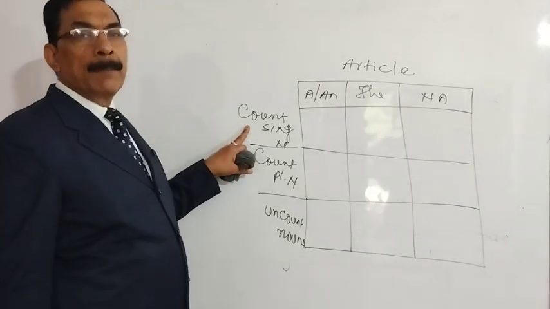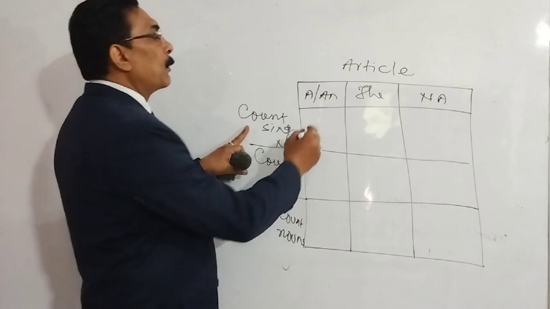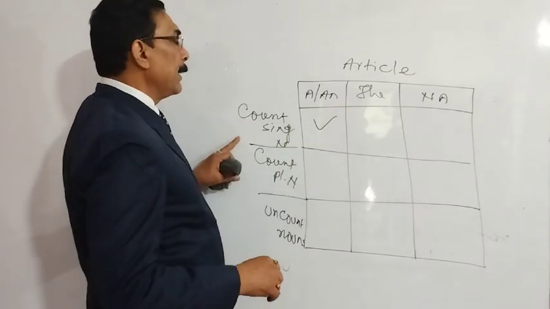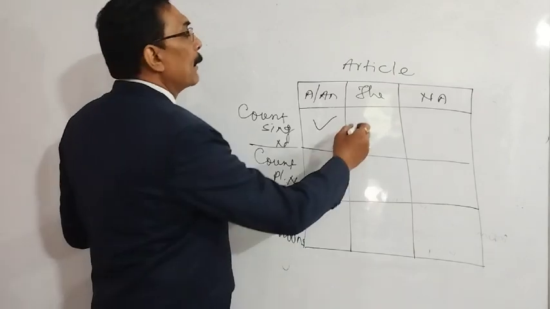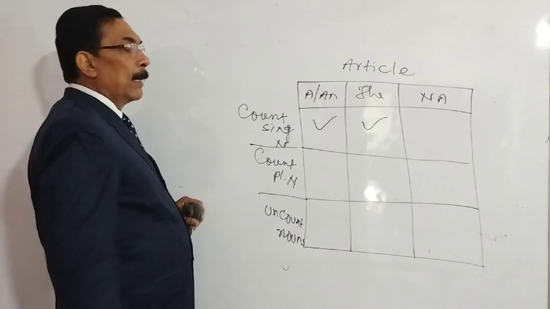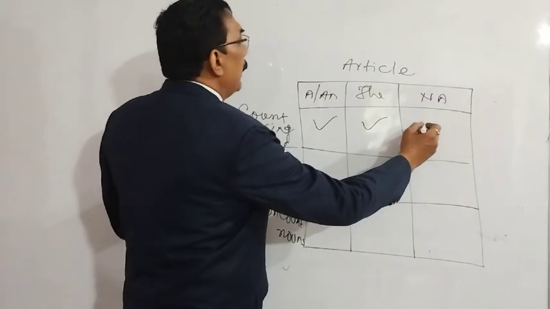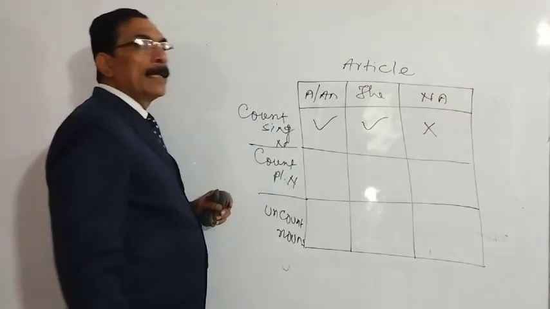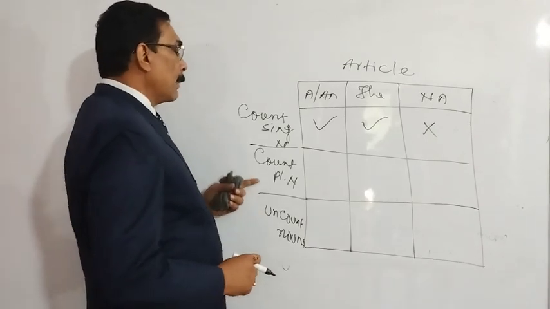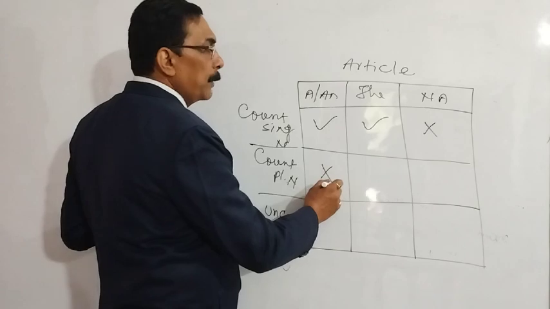If a noun is countable and singular, according to sound, a or an should be used. If the noun is definite or indefinite, in either case the can also be used. But we don't use no article before any countable singular noun. If a noun is countable and plural, a and an shouldn't be used.